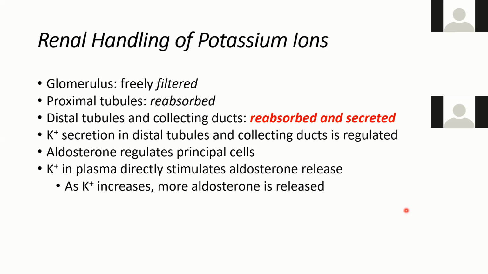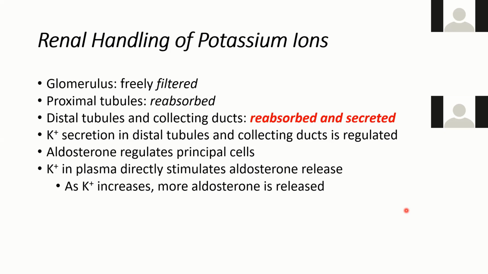So when we're thinking about our potassium balance, we have to factor in both the potassium that's getting moved out of the fluid in the tubules back into the plasma and the potassium that's getting removed from the plasma again and secreted back into the tubular fluid.